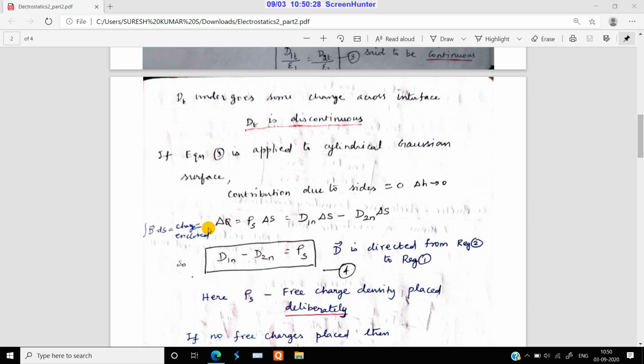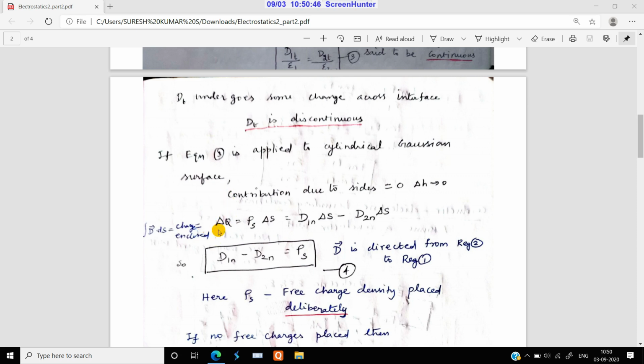Gauss law says that the electric flux density along the given Gaussian surface is equal to the total charge accumulated by that surface.